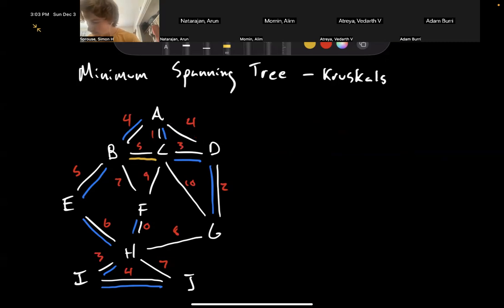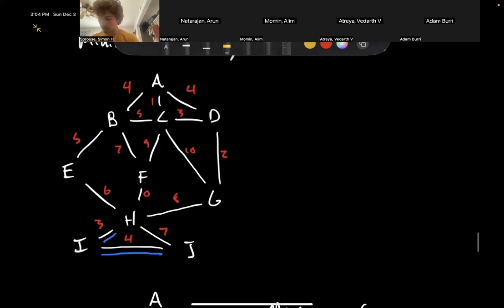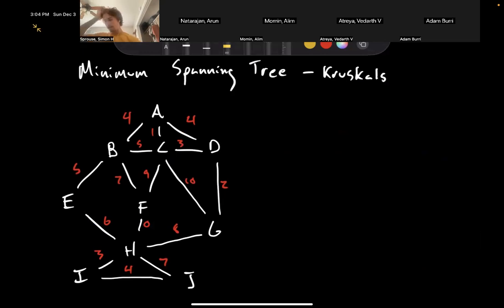So Kruskal works by taking in a list of all of the edges that exist on a graph, sorting those edges by weight, and then in a greedy fashion, adding the least expensive edges to a set so long as those edges contribute to the unification of disjoint sets.